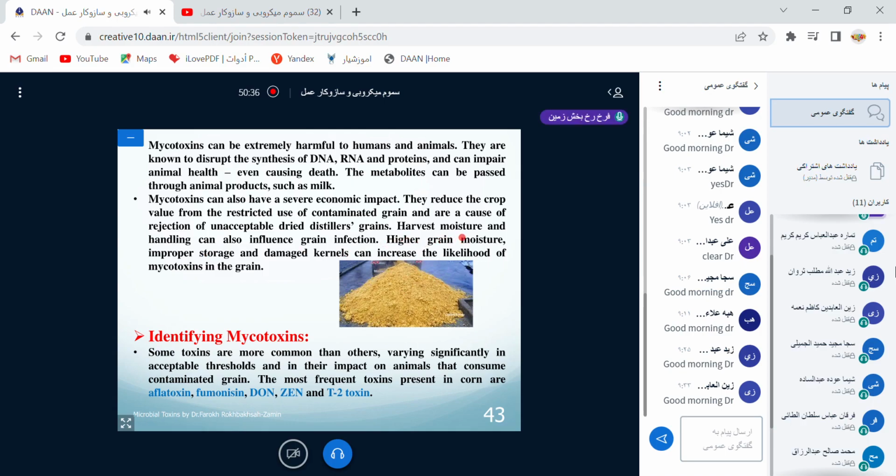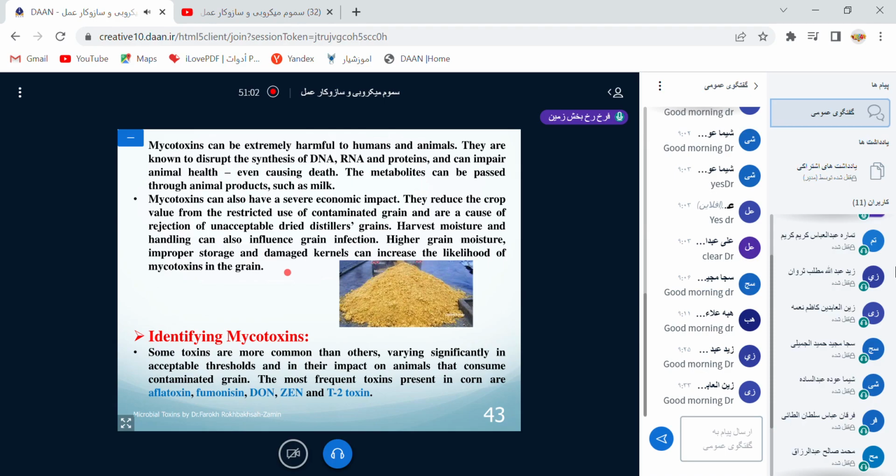Harvest, moisture, and handling can also influence grain infection. Higher grain moisture, improper storage, and damaged kernels can increase the likelihood of mycotoxins in the grain.